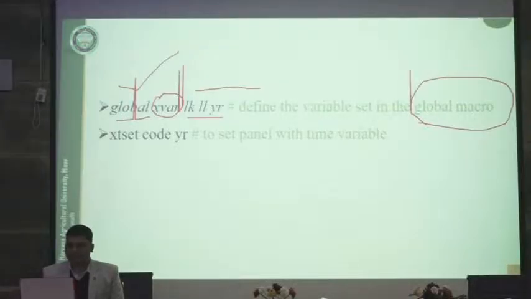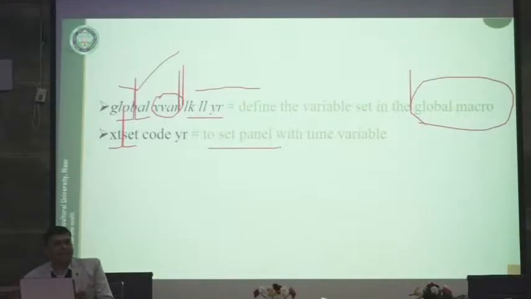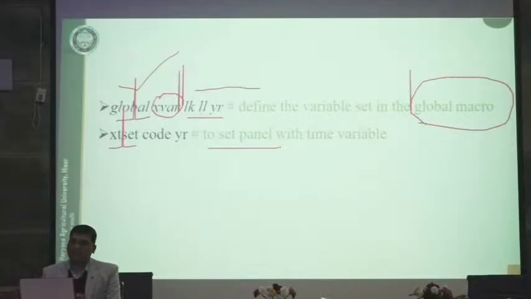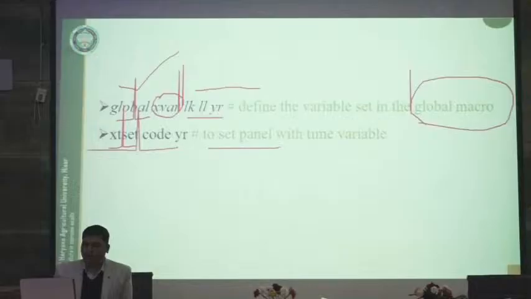Okay, and this xtset is the command to set the panel and the time variable. Panel: how many countries are there, how many years of data are recorded here. Okay, so you have to set the panel data in two codes.